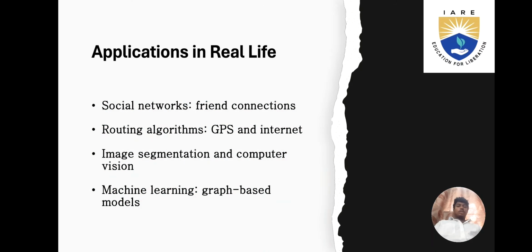The applications in real life. In social networks, the connections with friends and family; routing algorithms like GPS, internet maps, Google Maps; image segmentation and computer vision; and also machine learning graph-based models. Matrix representations are crucial for graph algorithms: BFS, shortest paths, centrality calculation.